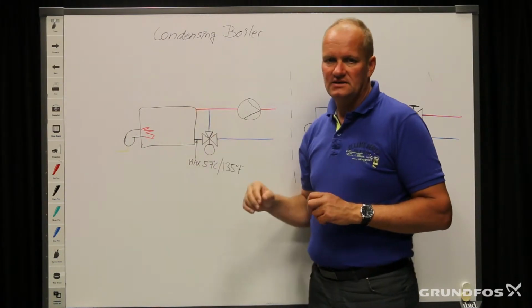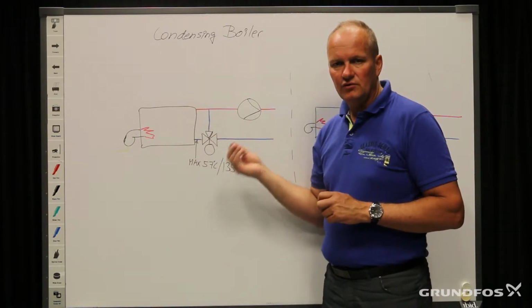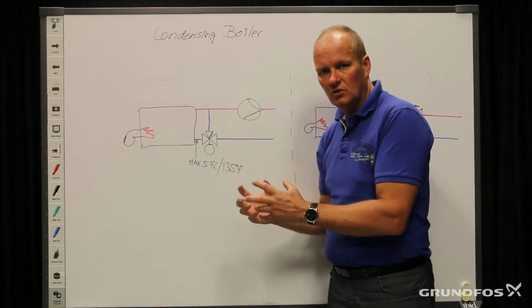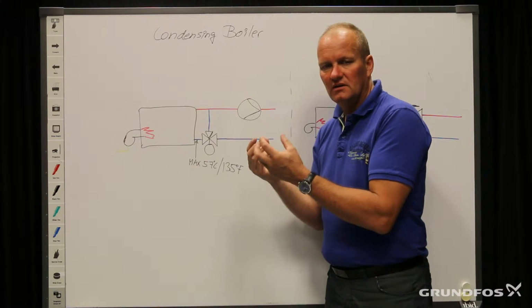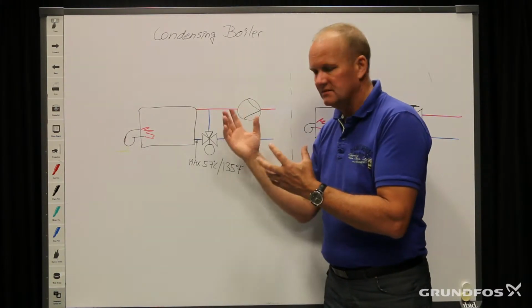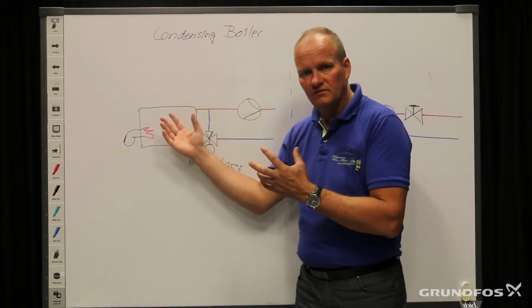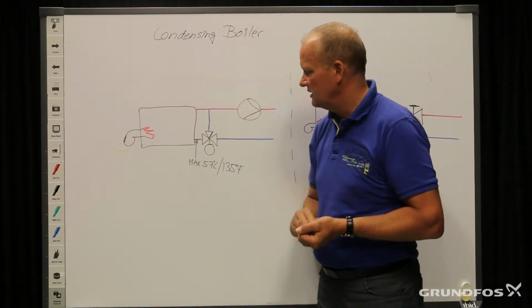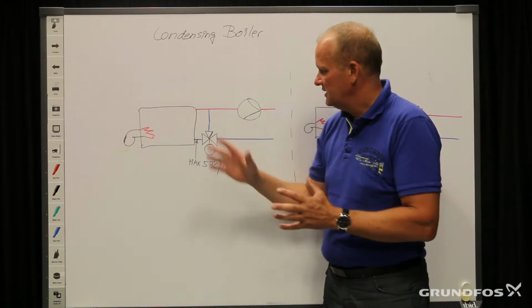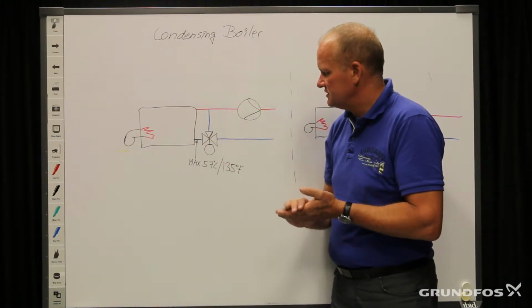And what that means is that the moisture in the flue gas will have a temperature which is so low that the water or the moisture in the flue gas which is leaving the boiler is able to condensate on the different surfaces in the exhaust system.